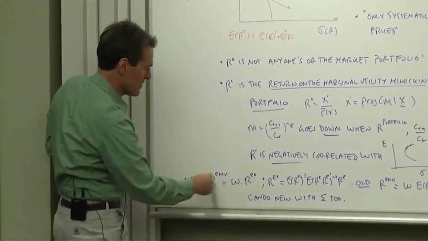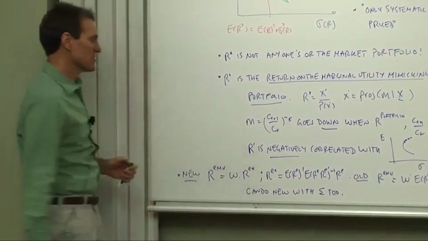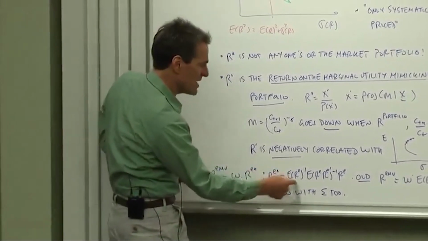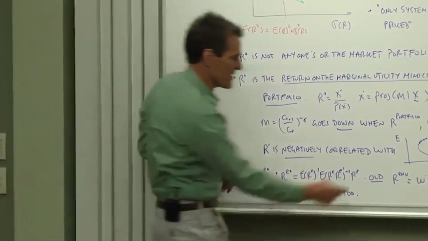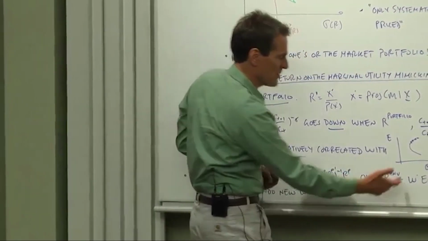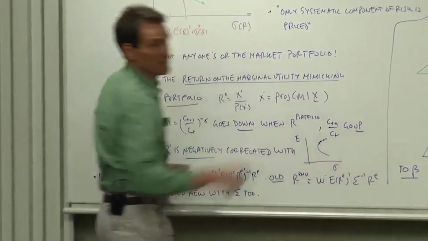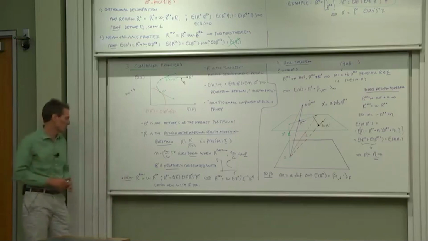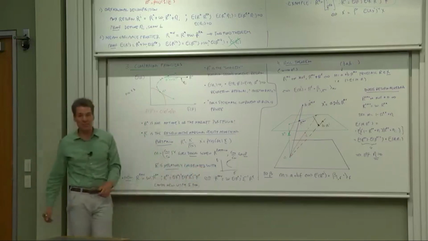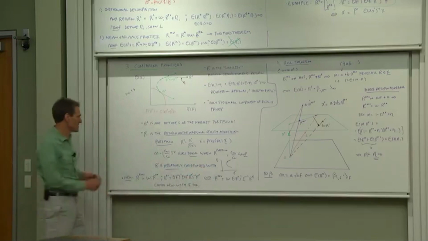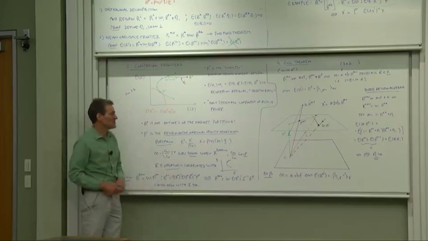R e star was a second moment matrix times R. With Lagrangian methods, we got that mean variance efficient portfolios are a constant times a mean prime, a covariance matrix inverse times excess returns. We're oh so close. And in fact, it's just two lines of algebra to show that these two approaches give exactly the same mean variance frontier, as well as the same flavor: a mean, a covariance matrix inverse.